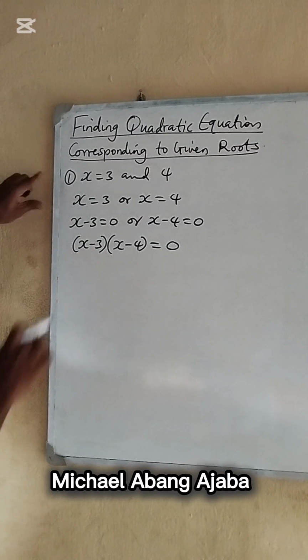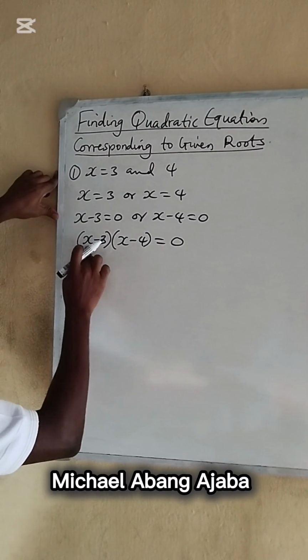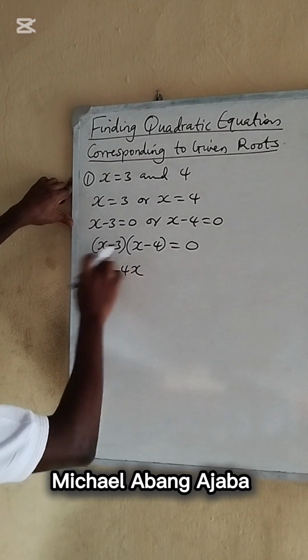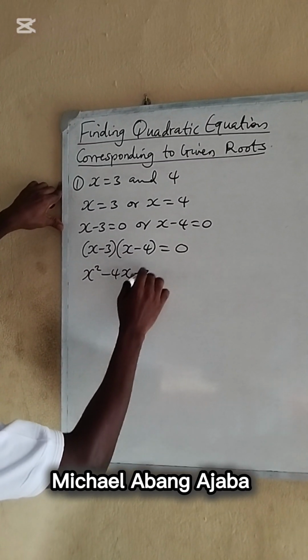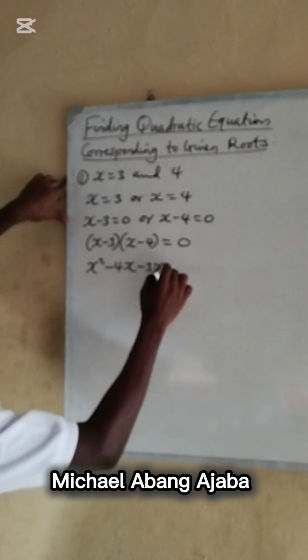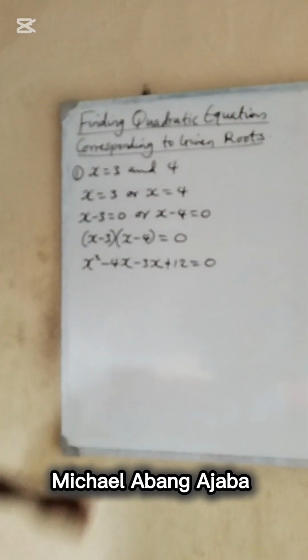Let's expand this. x times x is x squared, x times minus 4 is minus 4x, minus 3 times x is minus 3x, minus 3 times minus 4 is plus 12, equal to 0.